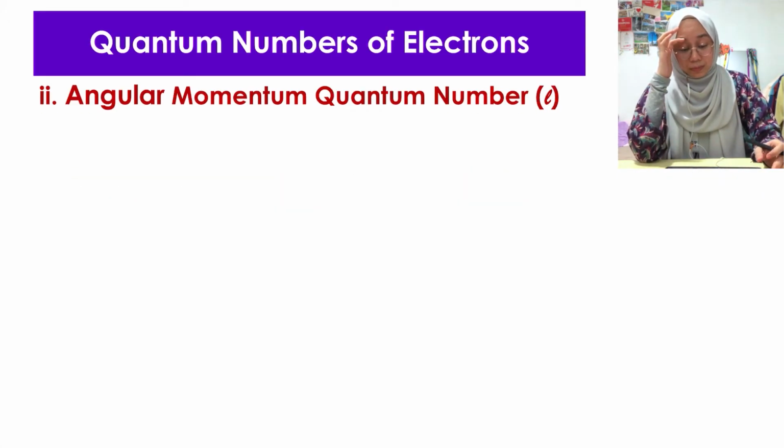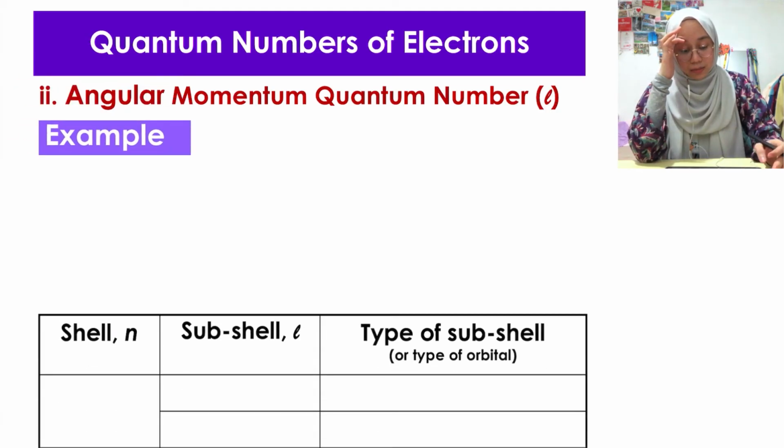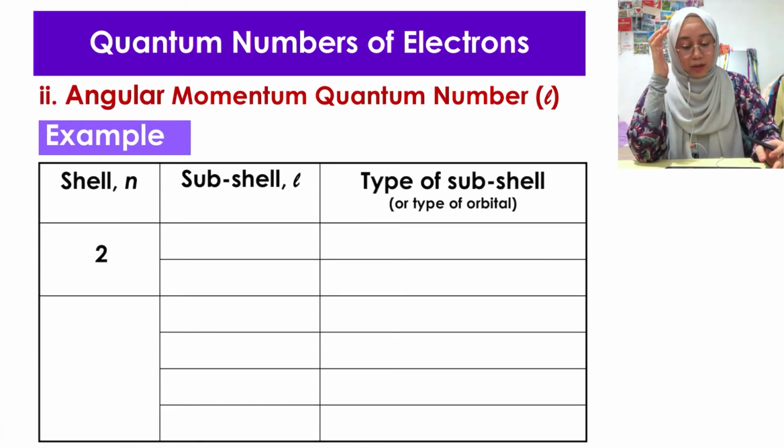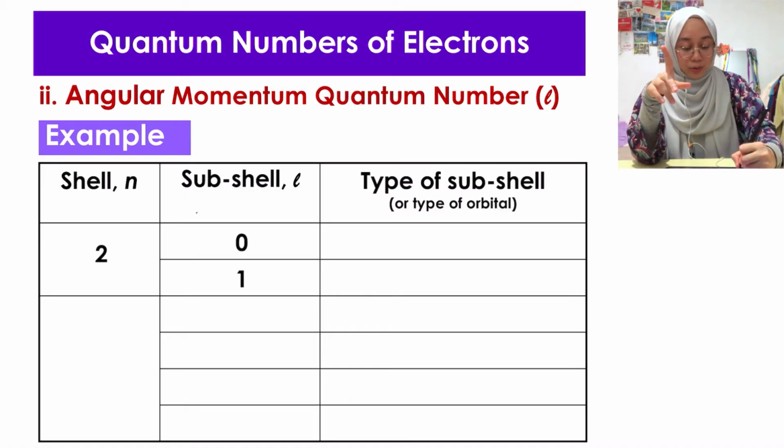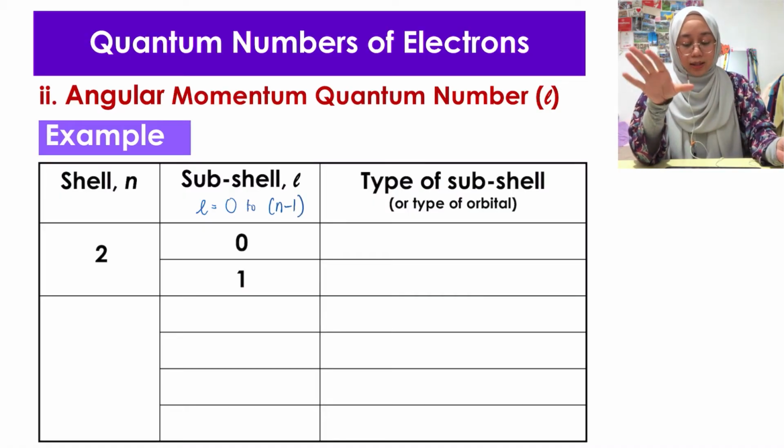Okay, and then other example. So tadi Miss ada bagi tahu kan, so kalau n dia equals to 2, bermaksud dia punya value of L possible dia adalah 0 and also 1. Okay, keep in your mind that L is equals to 0 to n minus 1. Okay, so what is the type of subshell pula?